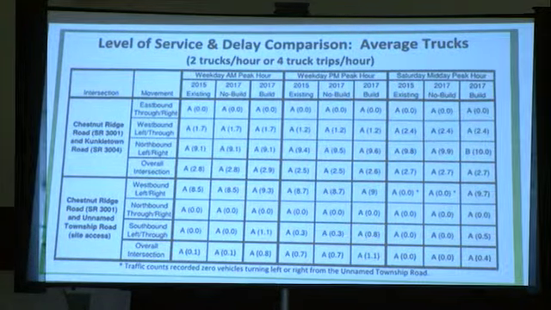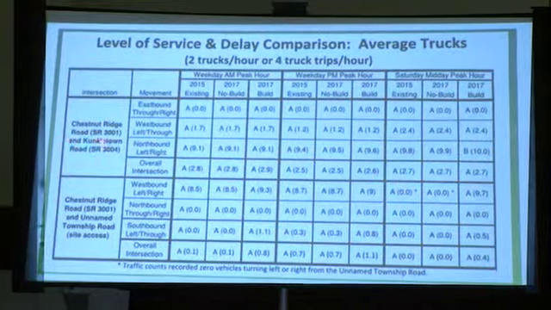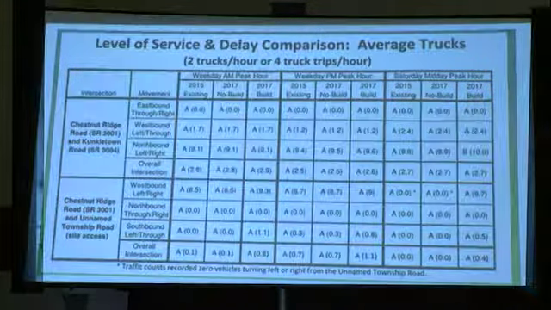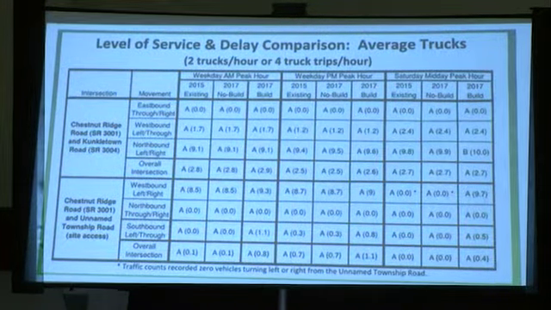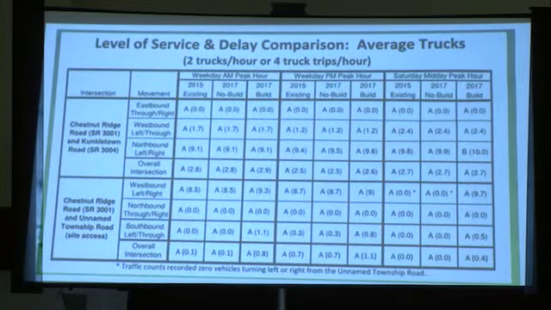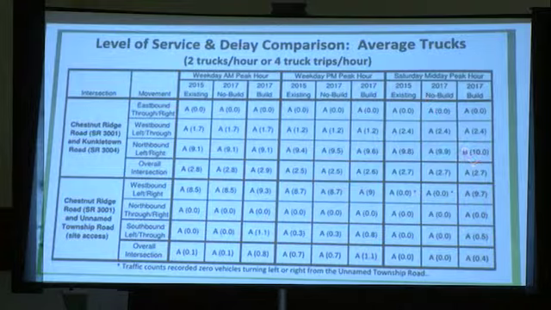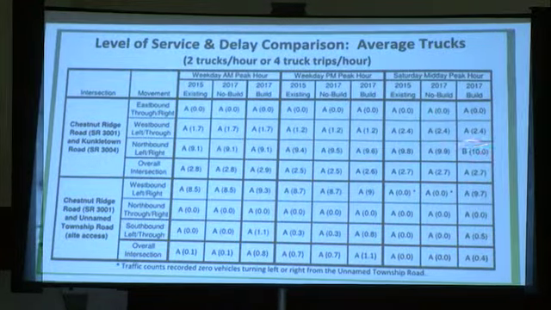And as you can see on this chart, this is for the intersections of Chestnut Ridge and Kunkletown Road, and Chestnut Ridge and the unnamed Township Road, where the site traffic is going to come out. Everything on these charts is showing a level of service A, with the exception over here we have 1B.